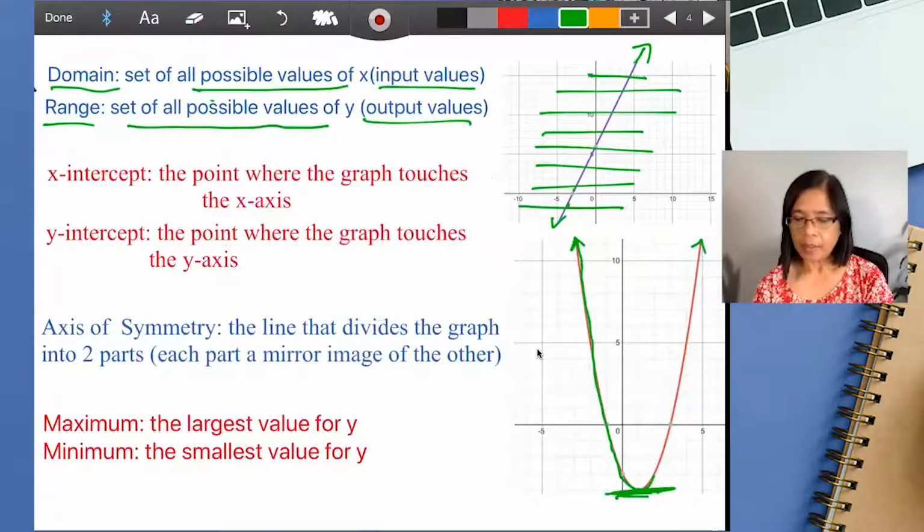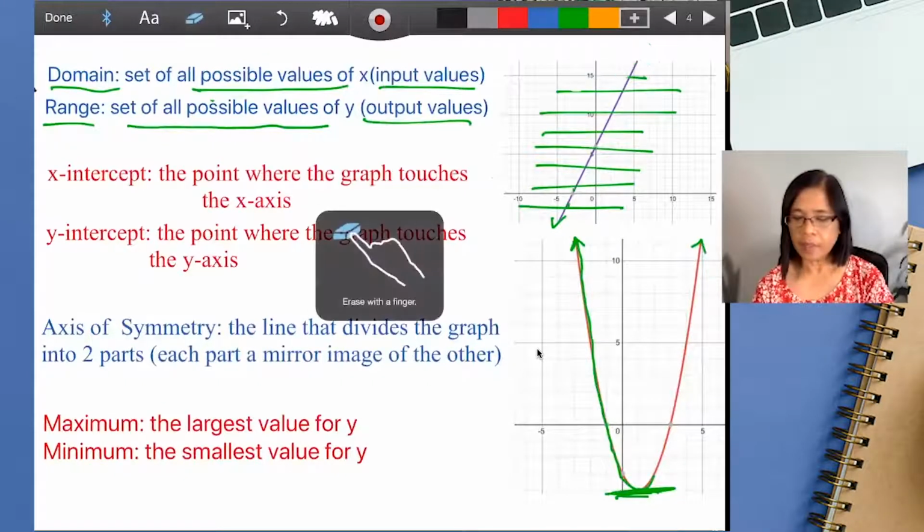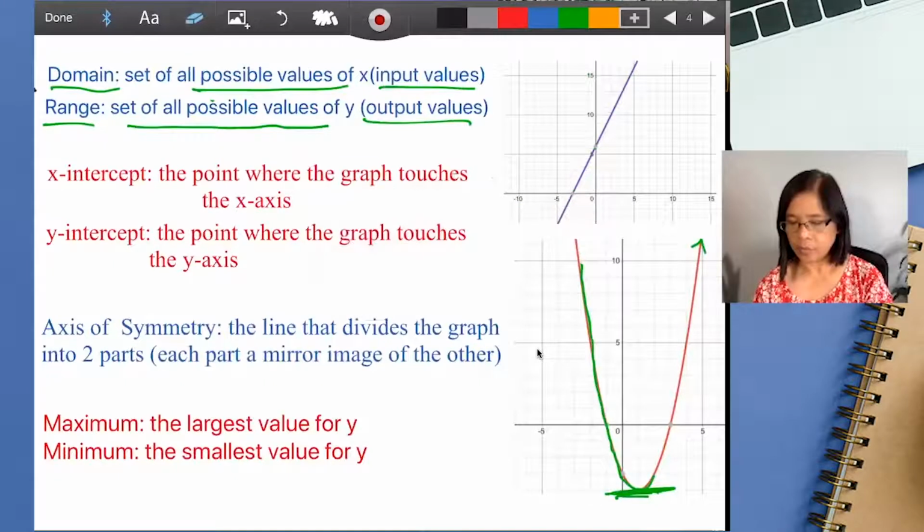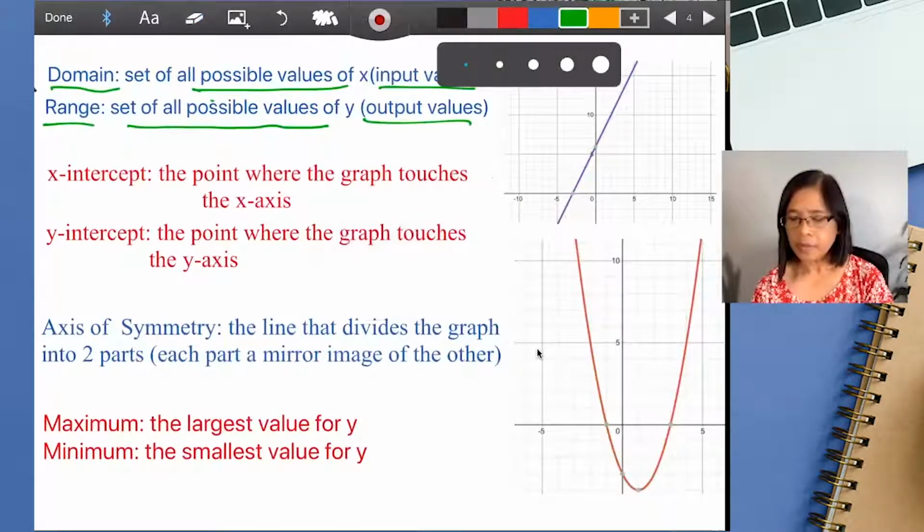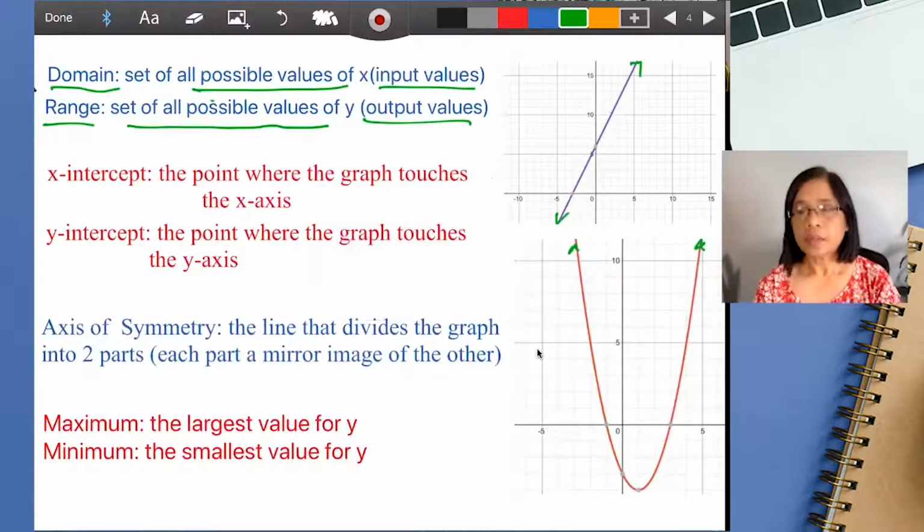Okay, then let's look at the next vocabulary words. The x-intercepts. The x-intercept is the point where the graph touches the x-axis. To find the x-intercept, I want you to sketch this on your paper or in your notebook.